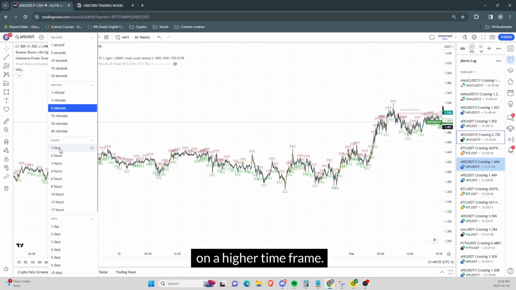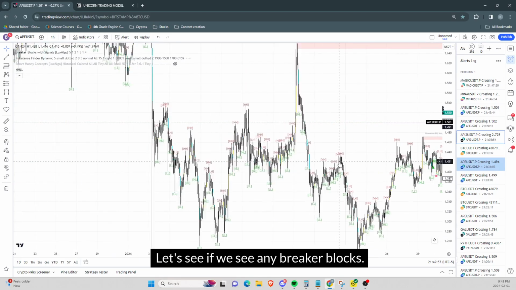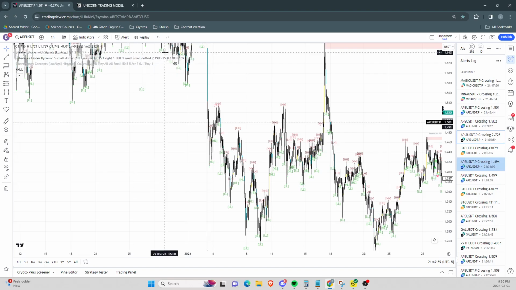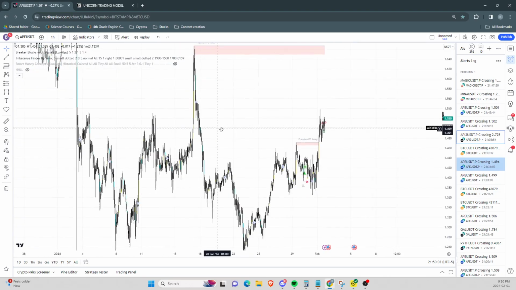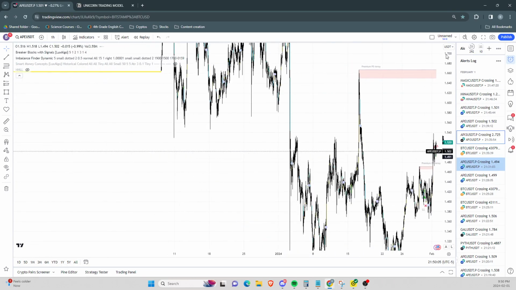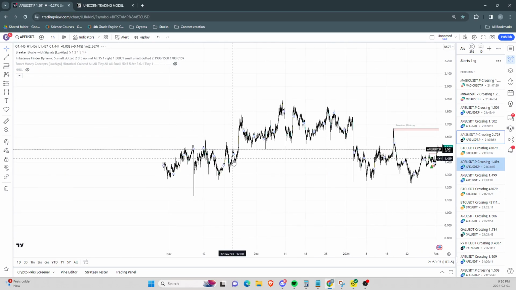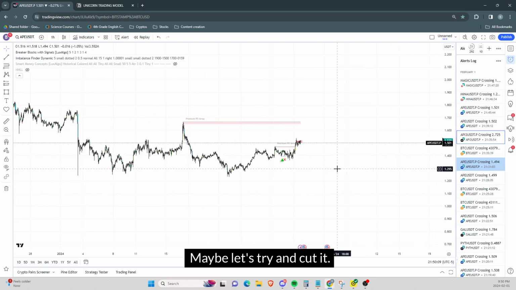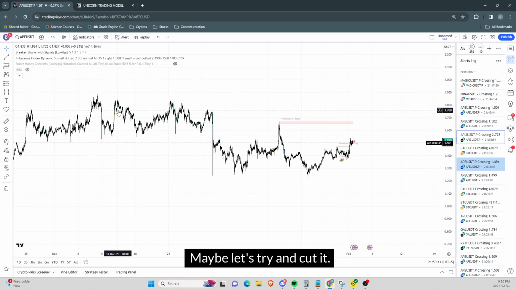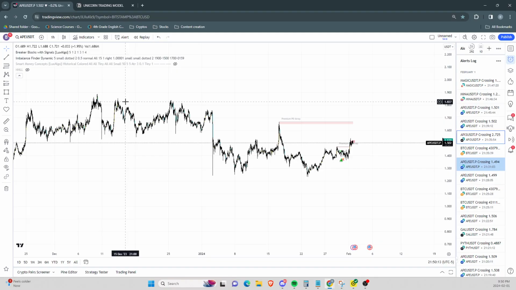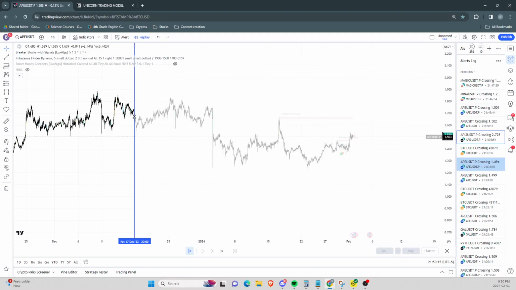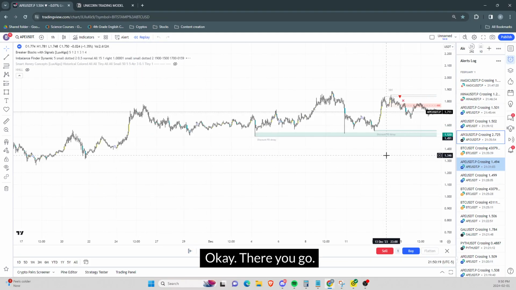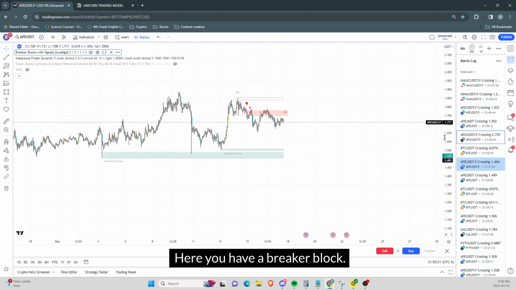on a higher time frame, let's see if we see any breaker blocks. I think it doesn't show. Maybe let's try and cut it. Okay, there you go. Here you have a breaker block.